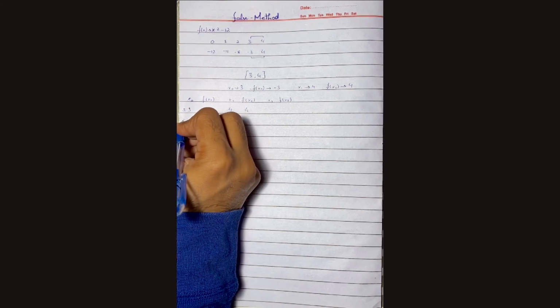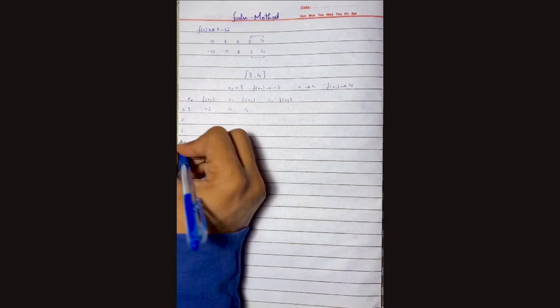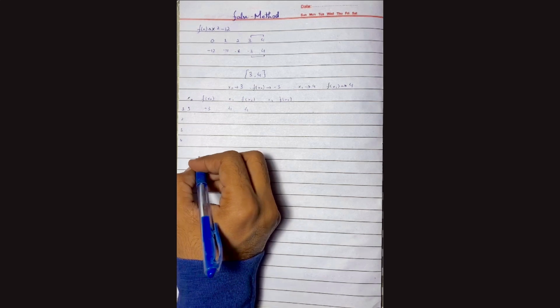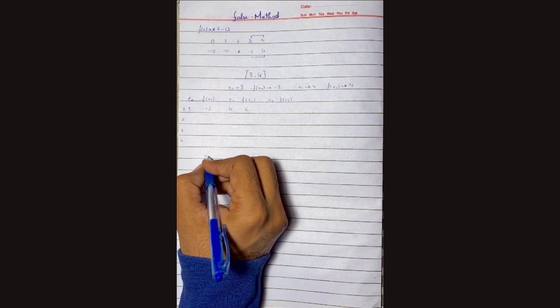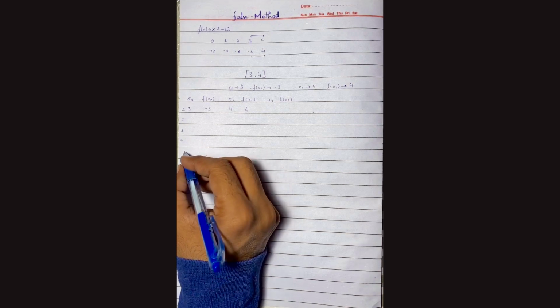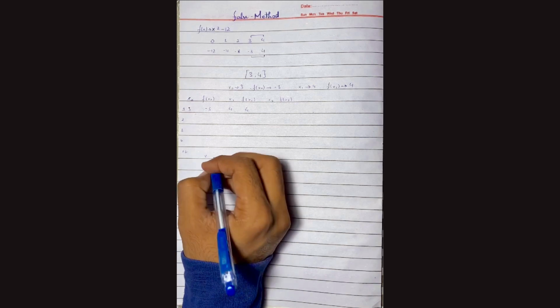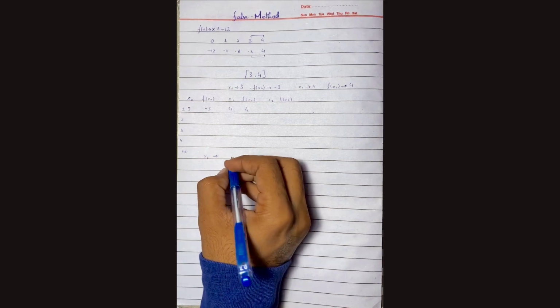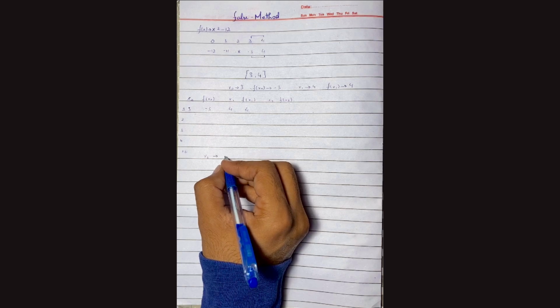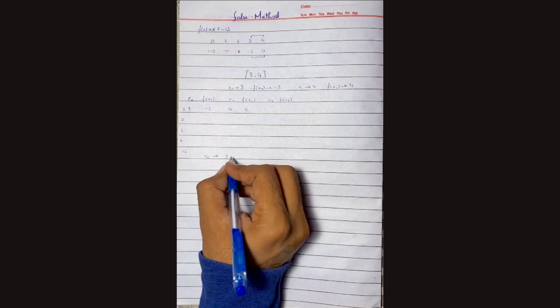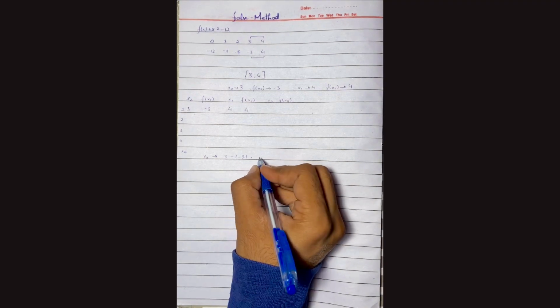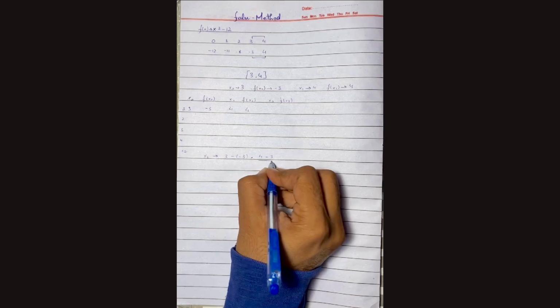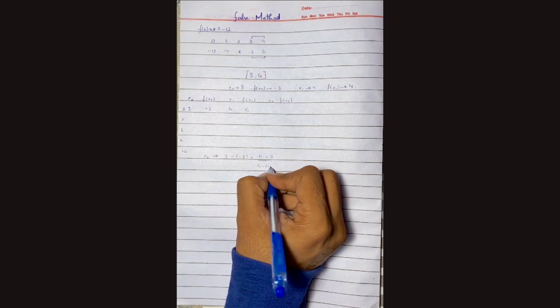First of all, we have to make some space over here. So let's start our working from here. First of all, we write the formula, and this is the working for x2. So x2 is equal to x naught, which is 3, minus f of x naught, which is minus 3, multiplied by 4 minus 3 upon 4 minus 3.